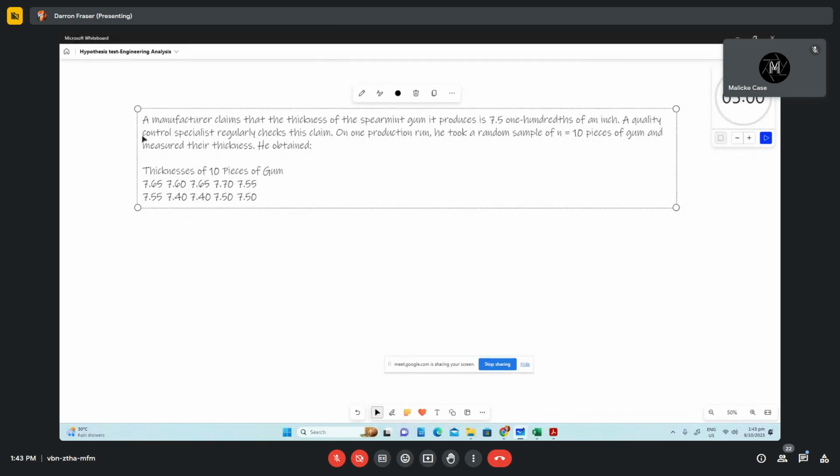So the next question was, a manufacturer claims that the thickness of the spearmint gum that it produces is 75 hundredths of an inch. The quality control specialist regularly checks this claim. On one production, he takes 10 pieces of gum and measures their thickness, and these are the values that he obtained. And now they want to check.